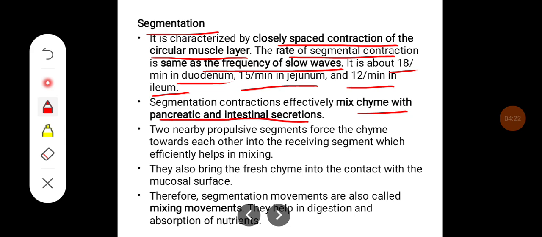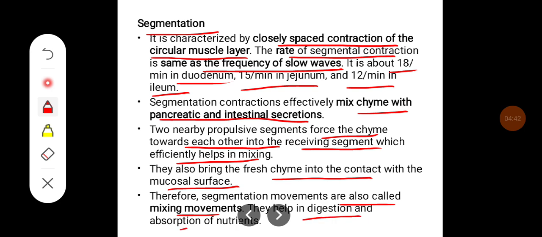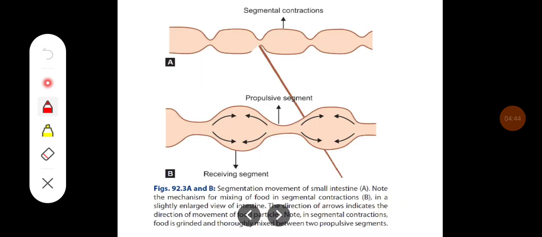Two nearby propulsive segments force the chyme towards each other to the receiving segment, which efficiently helps in mixing. They also bring the fresh chyme into contact with the mucosal surface. Therefore, segmentation movements, also called mixing type movements, help in digestion and absorption of nutrients.